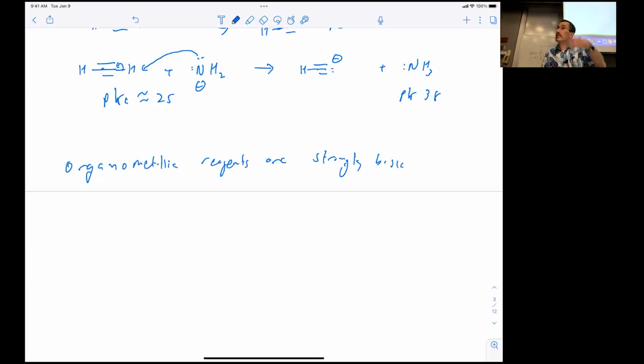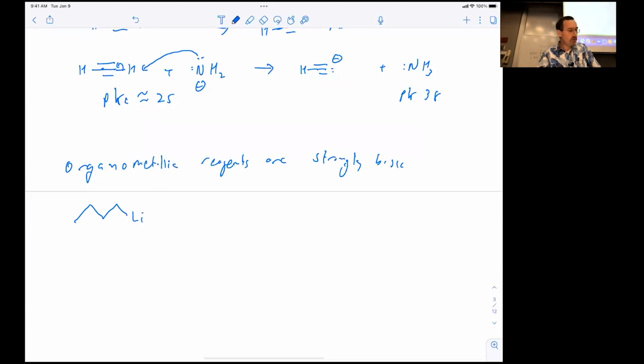So what that means is organometallic reagents react with water, they react with alcohols, they react with carboxylic acids. Anything that's even mildly acidic is going to quench them.